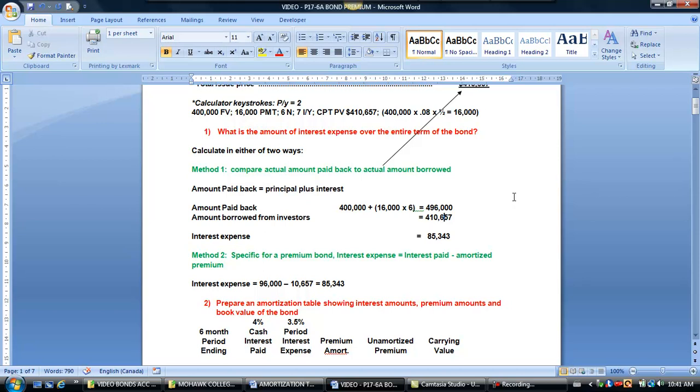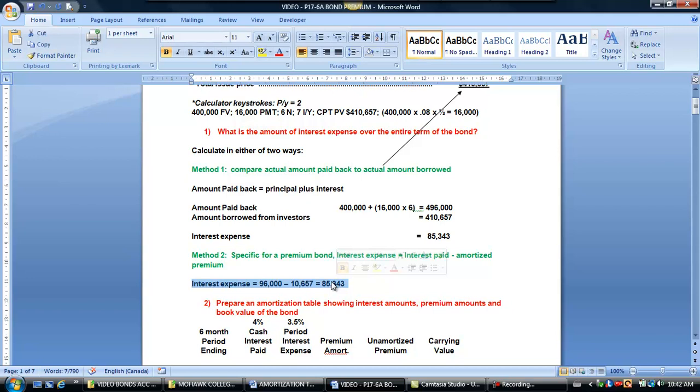Okay? So now, we can calculate that interest expense as the difference between the interest paid and the amortized premium. And over the 3 years, we will be amortizing the full premium and paying out a total of $96,000 in interest. So therefore, our interest expense would be the difference, which is $85,343. Now, this calculation doesn't always make sense to students at first, but maybe once you see your bond table, it might make a little more sense.